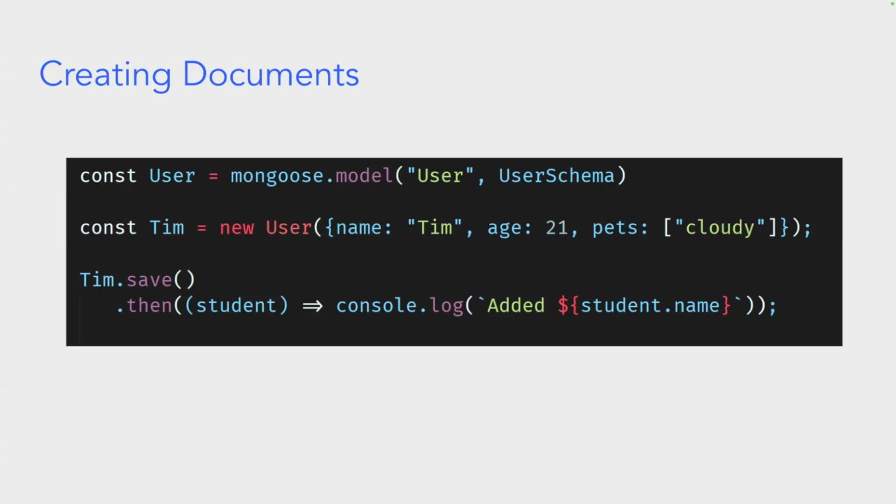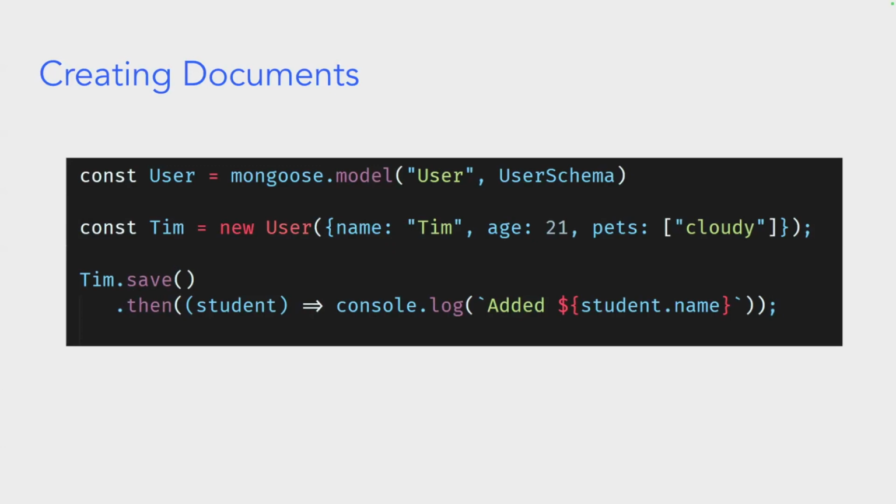Save returns a promise. And with that promise, once it resolves, we log that we've added the student's name to the database. We know that student has a name because when we constructed our user, it also had a name, and our schema had a name in it, so we know that student.name should exist.